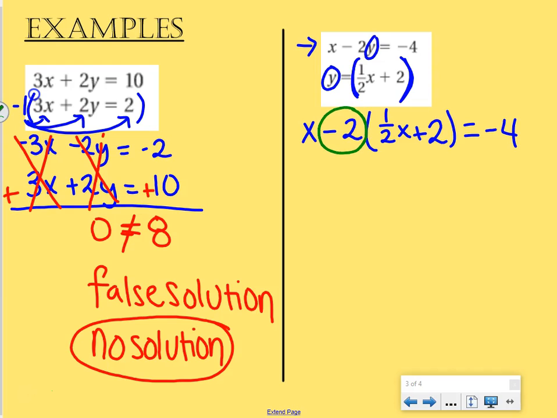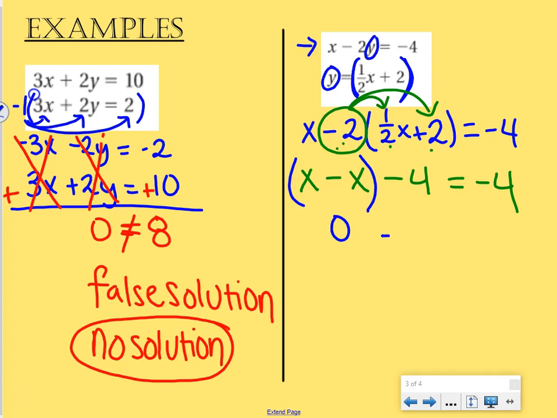Distribute the -2 to the 1/2 x and the +2. We get x. -2 times 1/2 x is -x. -2 times 2 is -4 equals -4. Simplify. x minus x is 0. Minus 4 equals -4. 0 minus 4 is -4 equals -4.